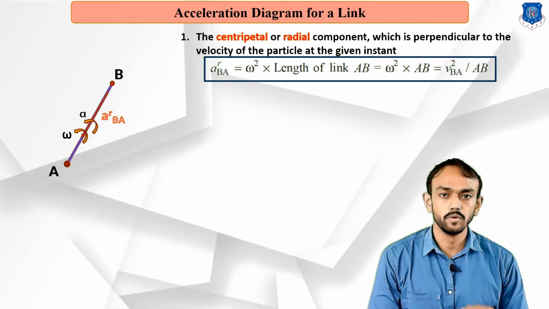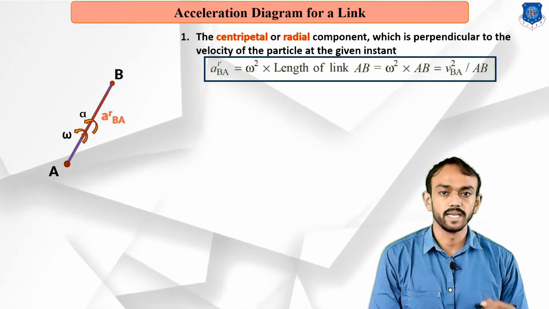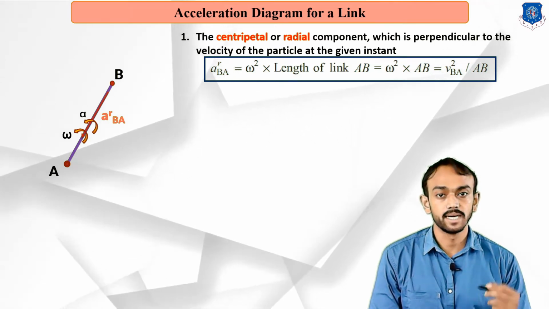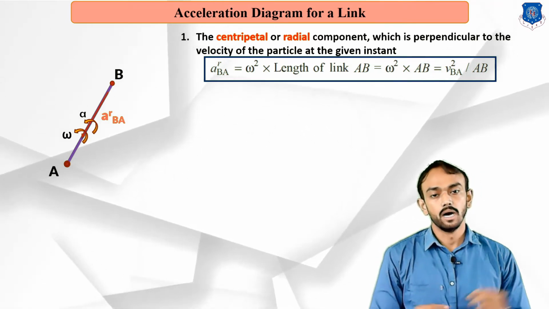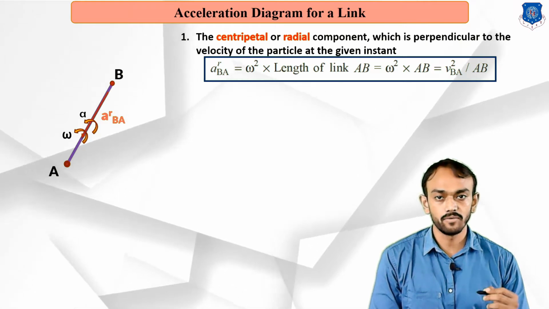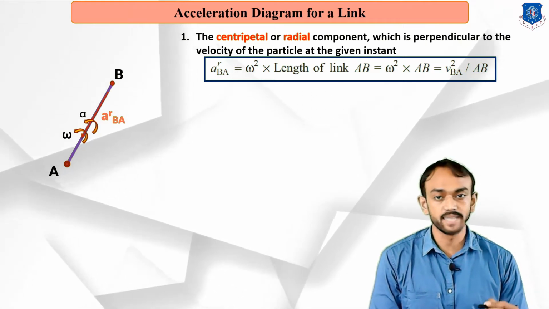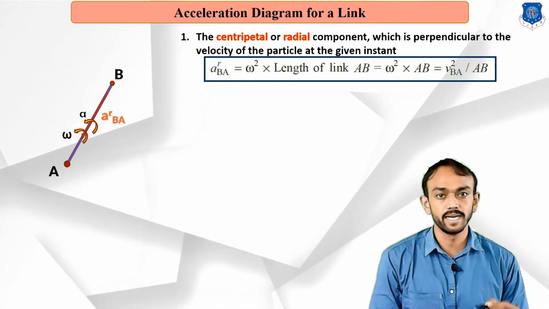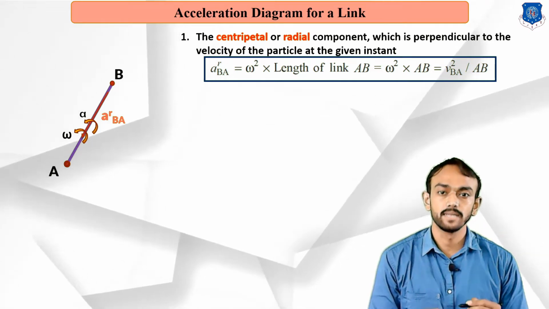But as you know, angular velocity is equal to linear velocity divided by the length of that link. So you can write the radial acceleration of B with respect to A as the linear velocity square divided by the length of that link.